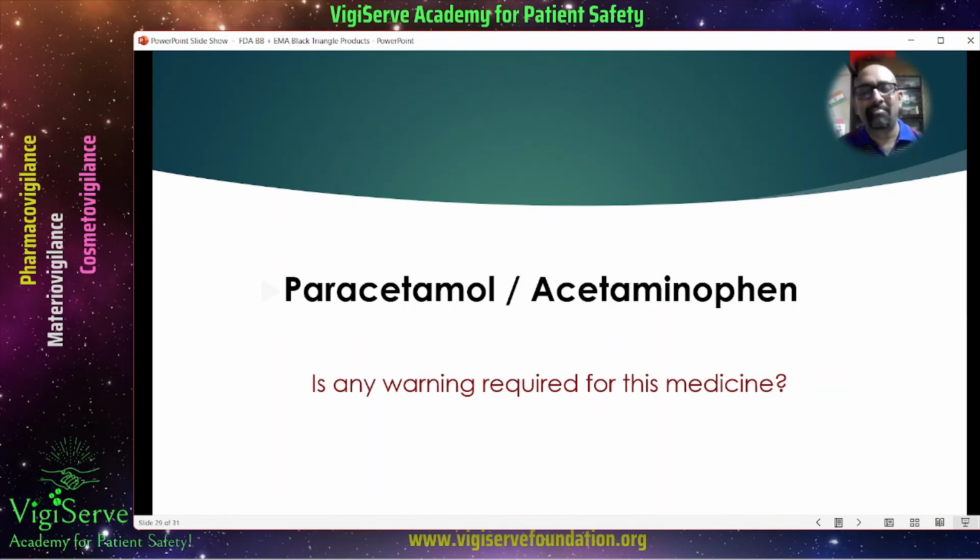What do you think? Probably next time when you buy this medicine, if you have that strip or that box, then please read it carefully. Or if you even purchase a syrup containing paracetamol, please read it carefully, and you can find a warning that this medicine can cause liver failure. So something very, very important.